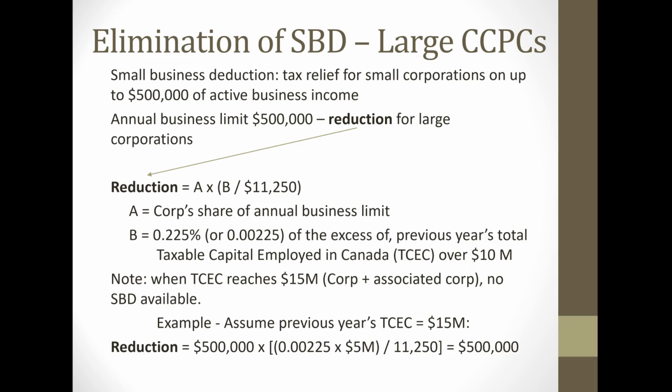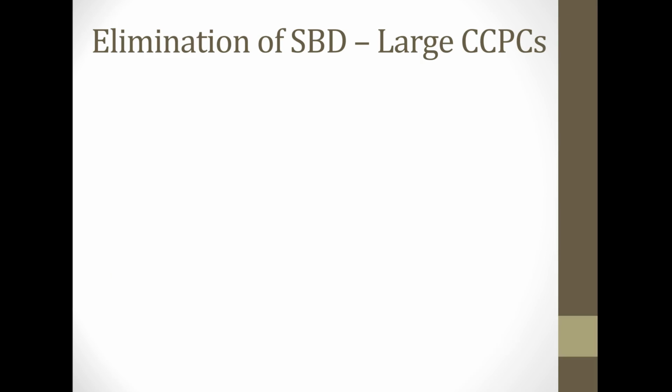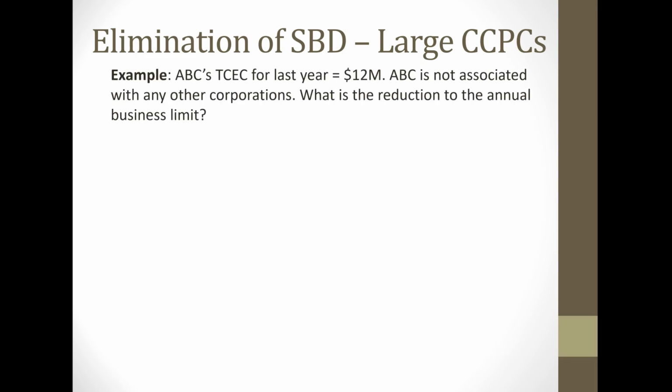So 500,000 times 1 is 500,000. That is the reduction amount. So remember, this is the amount that the small business deduction is reduced by. So the 500,000 minus the reduction of 500,000 leaves 0 available.